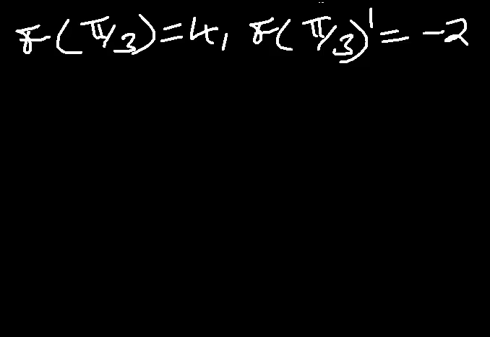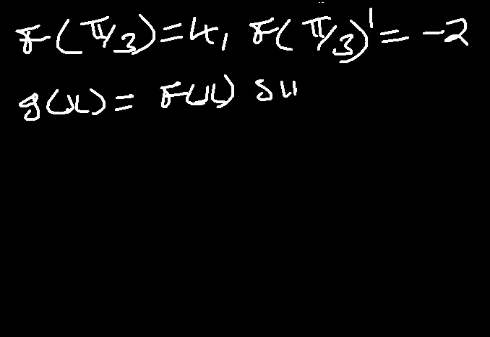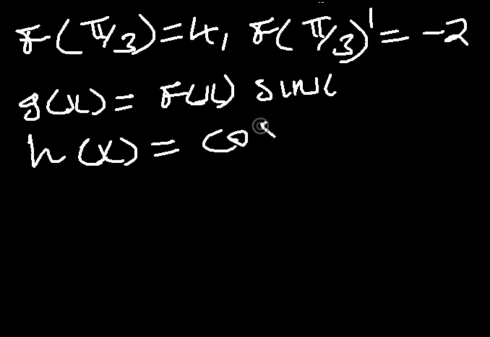Let's say that is the case, and they're assuming that g of x is given as f of x times sine x, and also we have h of x, basically given as cos x divided by f of x.